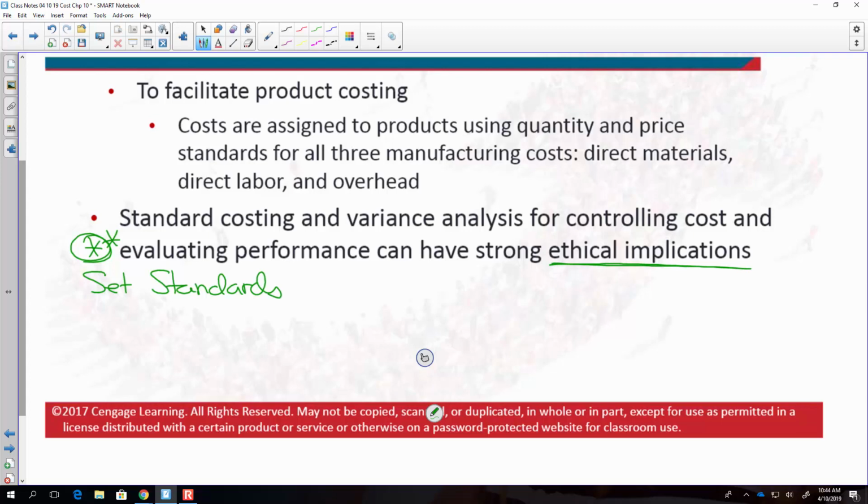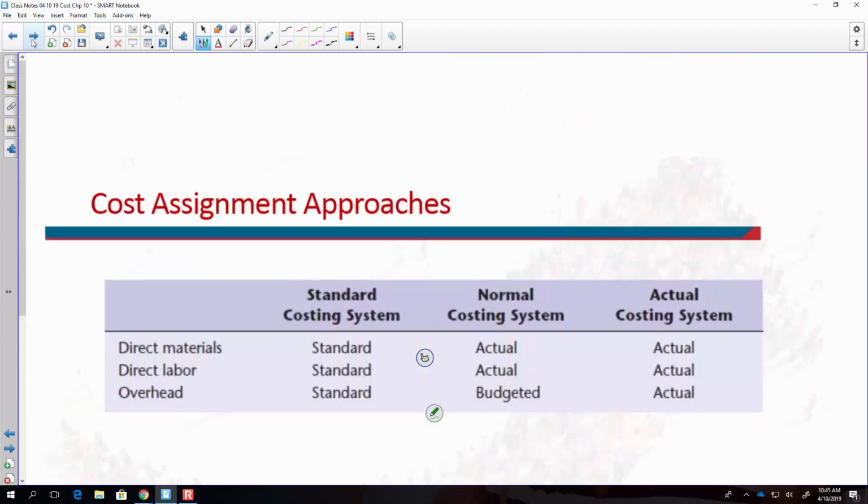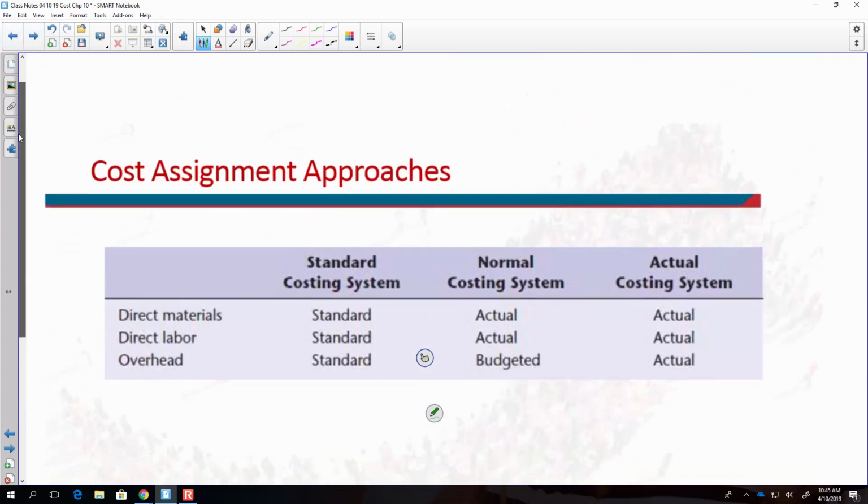Okay, here's again where we have to be very careful how we set that standard. Again, we don't want to make it too high, we don't want to make it too low. We want to make it challenging. So you can't set a standard that no one will ever reach. You'll have a mutiny on your hands. So that's what they're talking about here. You have to be aware of those standards.